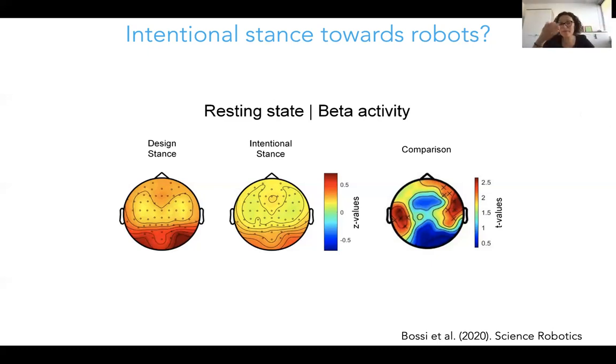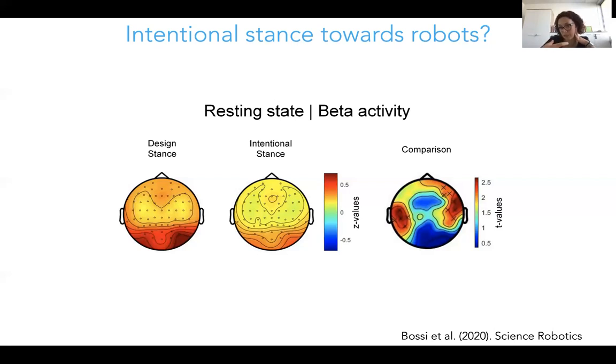We didn't know exactly how to interpret this at first. And then again, we went looking into literature and we found a paper by a group from Kai Fogelei, whom you probably know, some of you, and his co-authors, where they did EEG together with fMRI. They found activity exactly in these regions of the EEG signal and also in beta activity that was related to mentalizing processes during resting state.